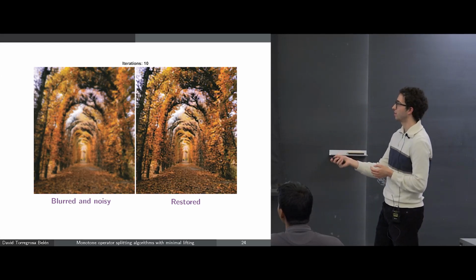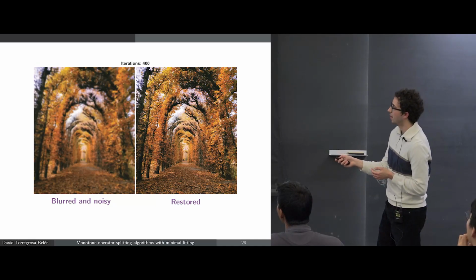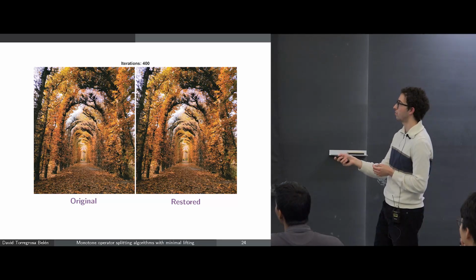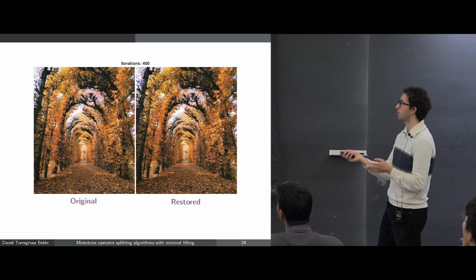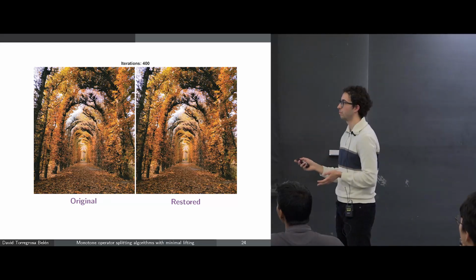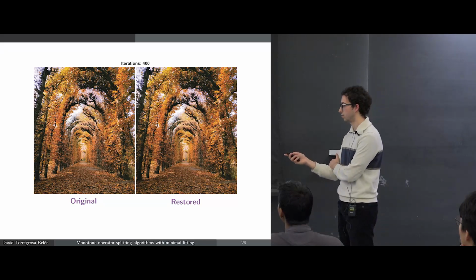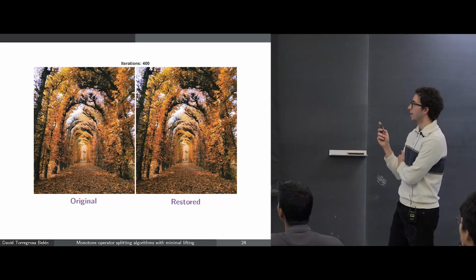If I do 10 iterations, this one is changing and improving, getting better with the iterations, and we stop at 400 iterations, and this is the recovered one. If you compare with the original one, I think that here in the projector you wouldn't be able to see the difference, because the model is quite good. So the algorithm works well.